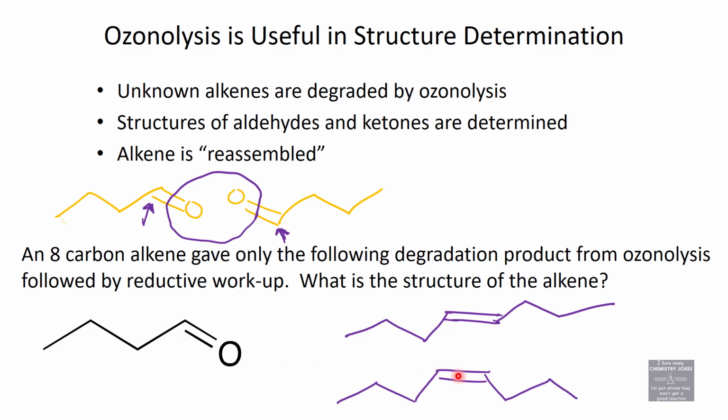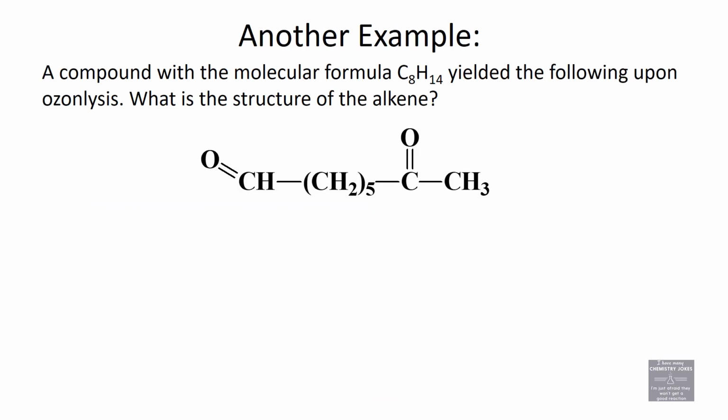So ozonolysis is useful to help determine the structure, but it does not tell you about the stereochemistry. This is the E alkene. This is the Z alkene. Ozonolysis doesn't tell me what it used to be before you chopped it. So it's either E-4-octene or Z-4-octene. Well, I couldn't get those words out very well. Ugh.